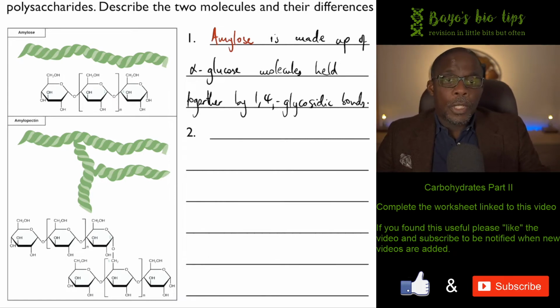Now, if you look at amylopectin, which is at the bottom, it has a different structure.